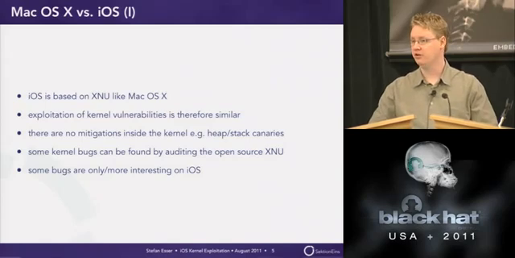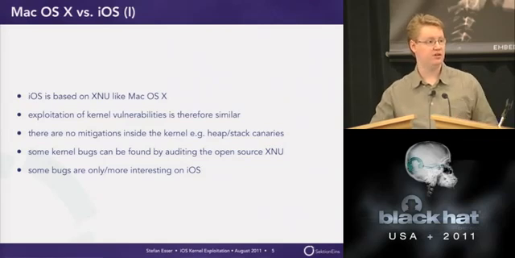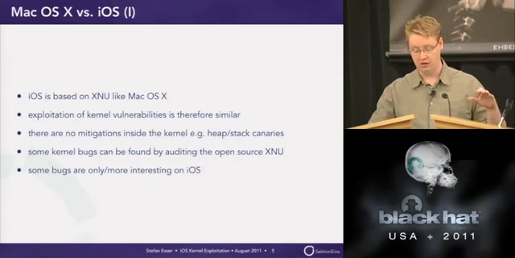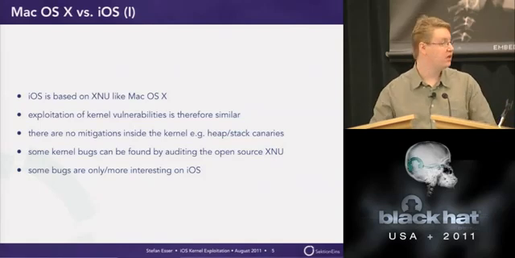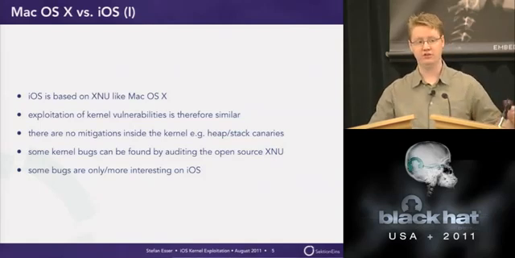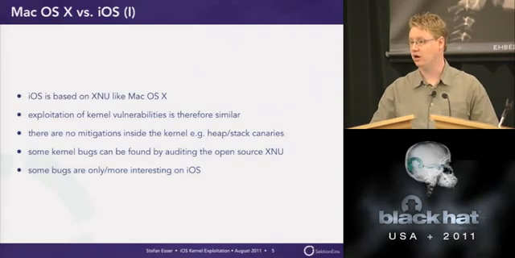When you look at the macOS or iOS kernel, you will see that there are no mitigations against kernel vulnerabilities inside the kernel itself. The kernel is only trying to protect as best as possible that user space cannot do something, with sandboxing and all this kind of stuff. But inside the kernel, there's no mitigation like stack cookies or heap canaries or something like that.